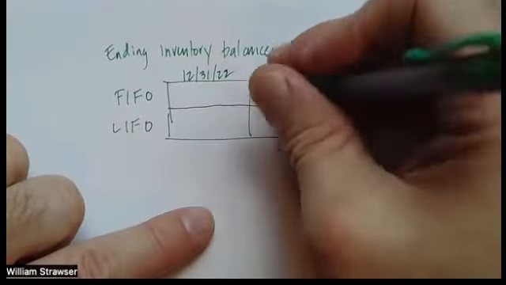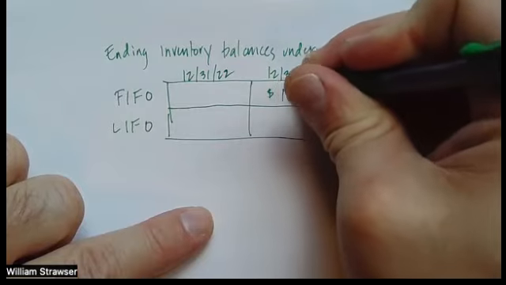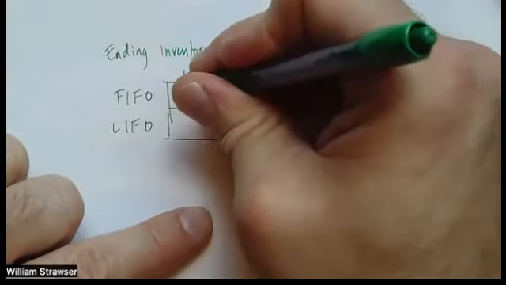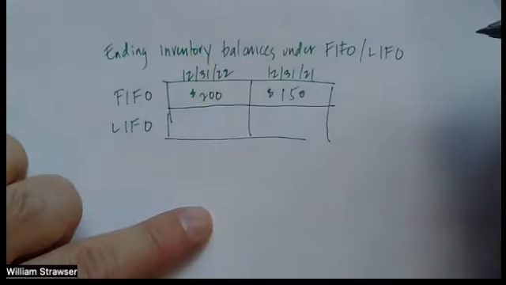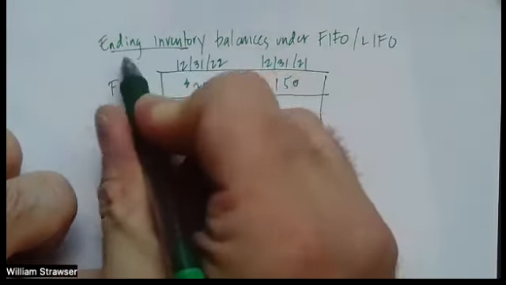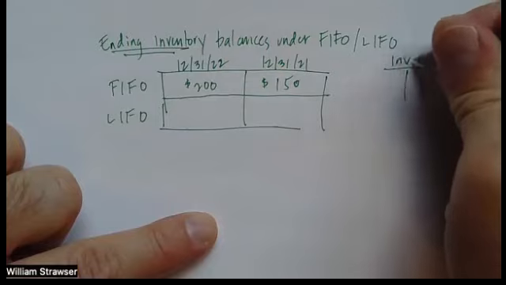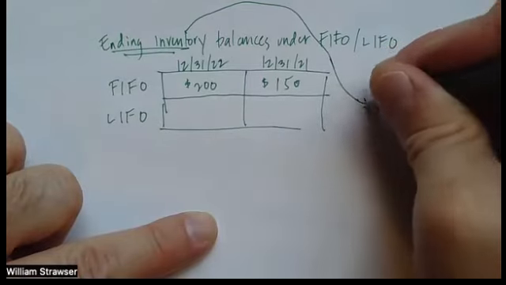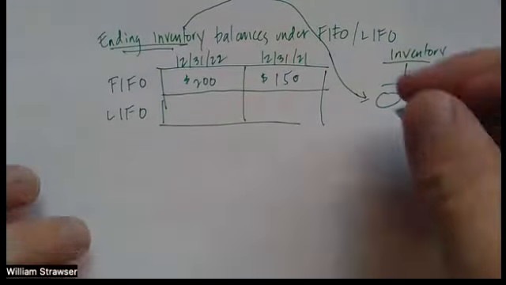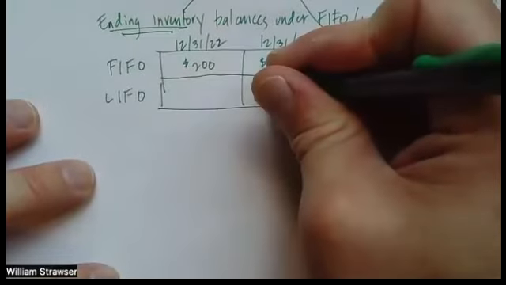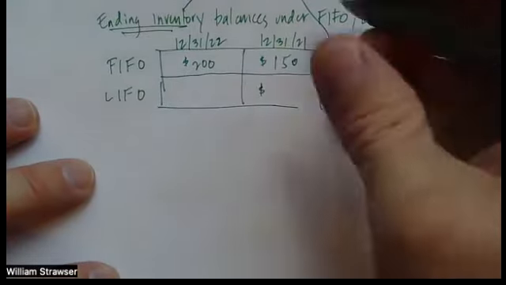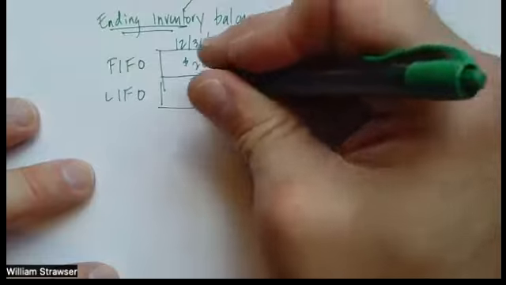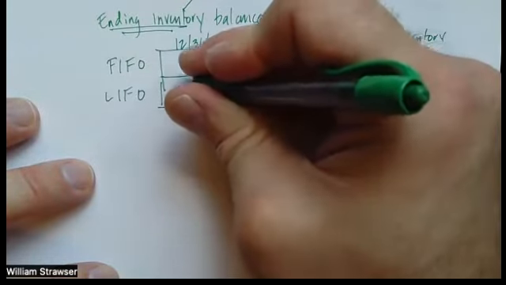So let's say the FIFO inventory was $150 under FIFO for 12/31/21, and it was $200 at 12/31/22. So this is my ending inventory balance, basically whatever this account says right here. That's the data I'm pulling. And under LIFO, if I had chosen LIFO, then it's 100 and it is 130 here.